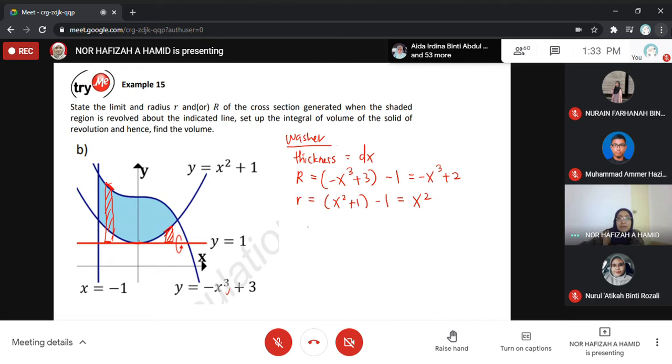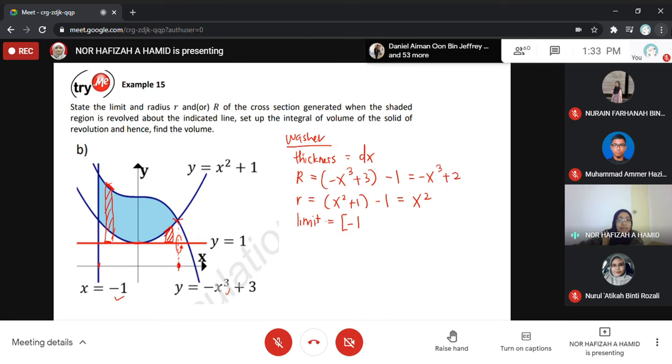Then you set up, so the limits first. The limit is from the x axis. We already have the lower limit, negative 1. So you only need to calculate the upper one, this one.